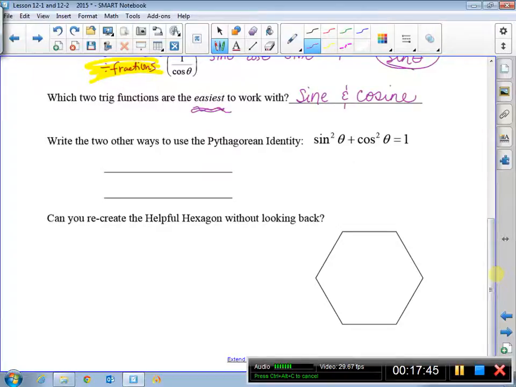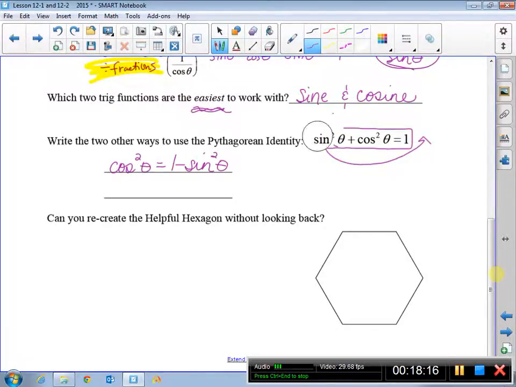Write the 2 other ways to use this Pythagorean identity. This is a good one. So sine squared theta plus cosine squared theta equals 1 is the main identity. The 2 other ways that you might see this is if we subtracted sine squared over, then it would look like cosine squared theta equals 1 minus sine squared theta.